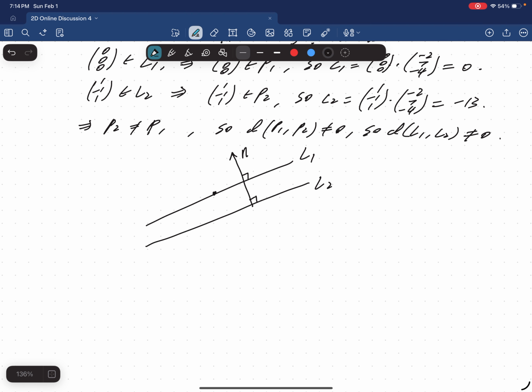So if I can find some x1 in L1 and some x2 in L2, I connect them, form the right triangle, and then my h here is just the distance I'm looking for. So h is going to be the size of the projection of x1 minus x2 onto my normal n.